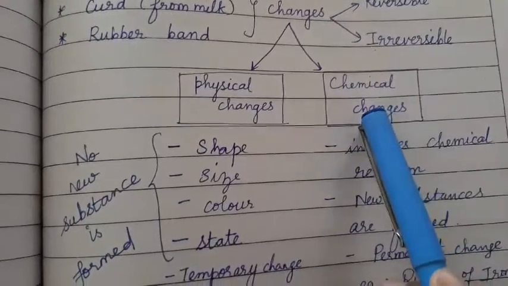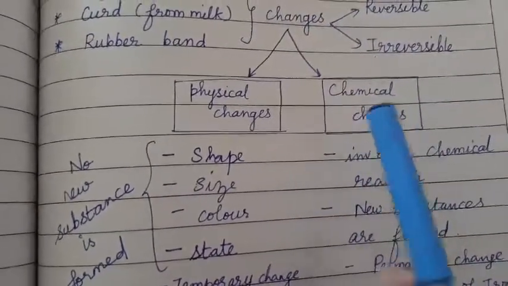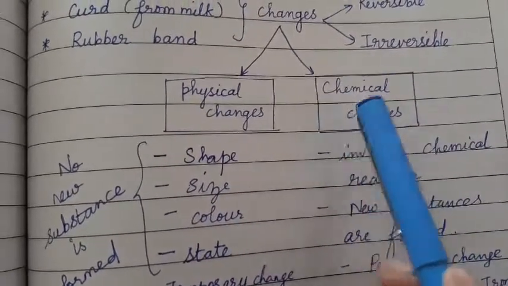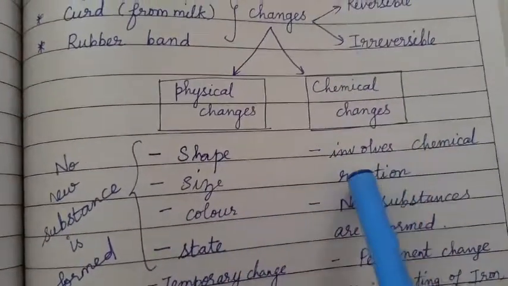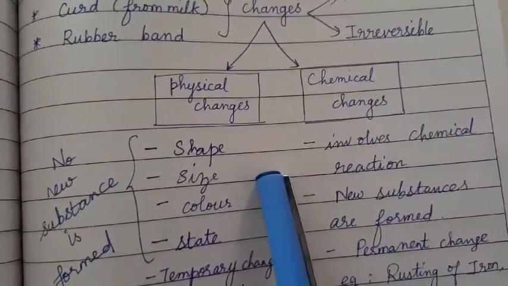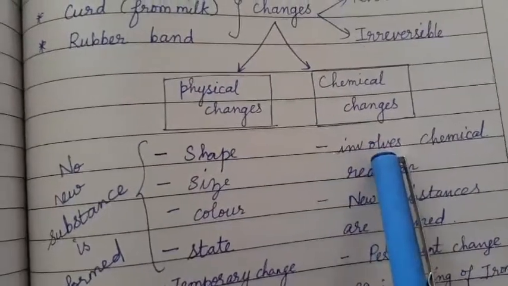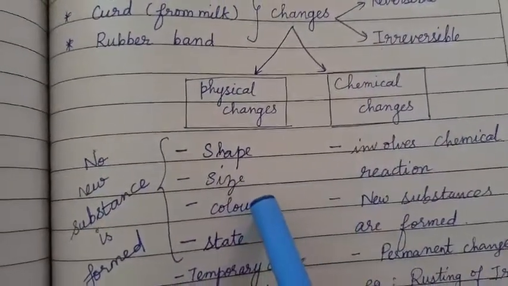Now, chemical changes means there occurs a change in the chemical properties. How do we know which is the chemical property of a substance? It means that there occurs a chemical reaction. When we keep a copper rod in the air for a long time, it forms rust. So that is a chemical reaction.